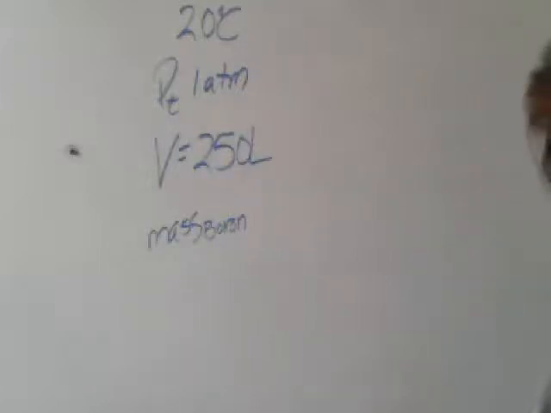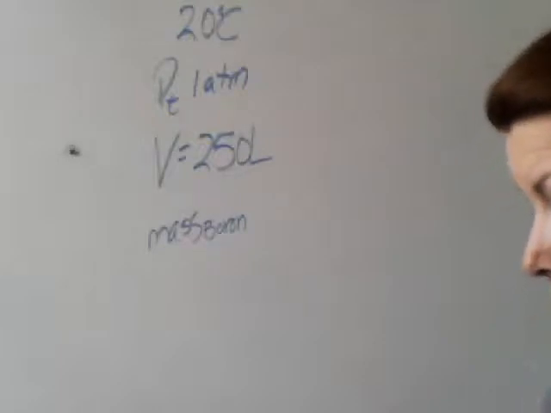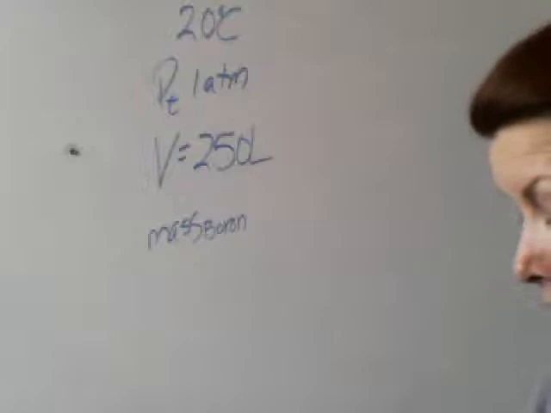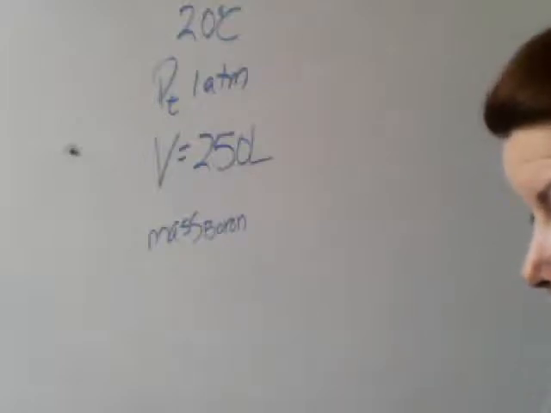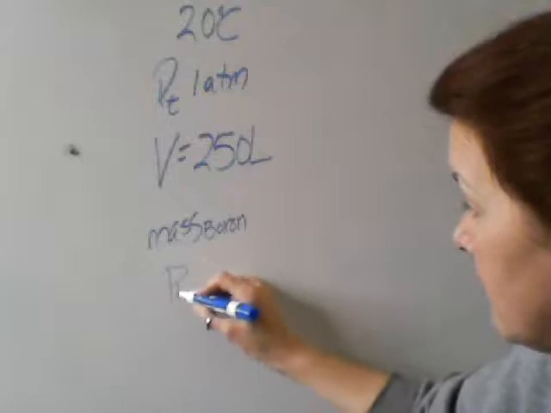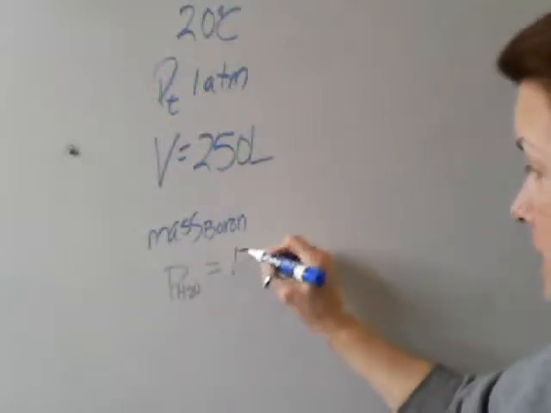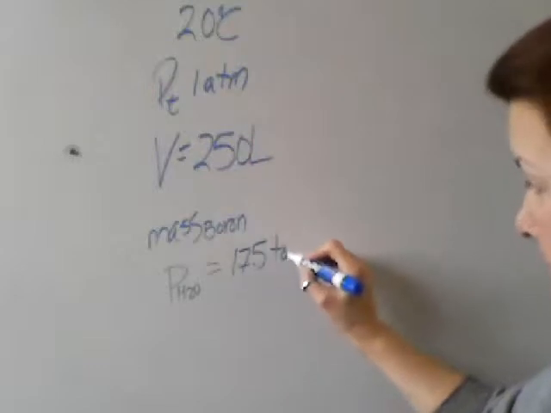So when we're using gas that's collected over water, we know that there's going to be some water vapor in there, so we need to know the temperature. And there was a chart. We were given that at 20 degrees C, the vapor pressure of water is going to be equal to 17.5 torr.